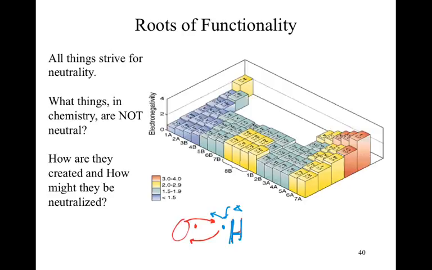So you need to be familiar with the trends in electronegativity. That trend being, fluorine is our most electronegative, and then hydrogen is our least. Well, is that perfect? No, it's not perfect, so don't quote me on that. But it gets you pretty darn close.